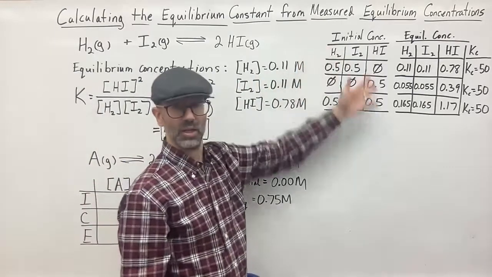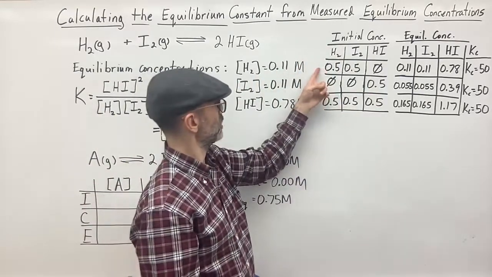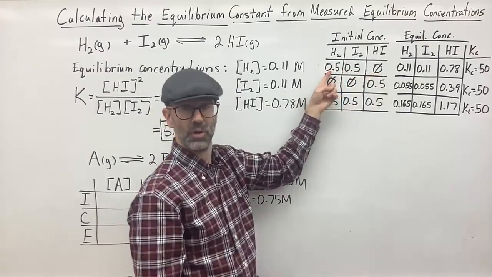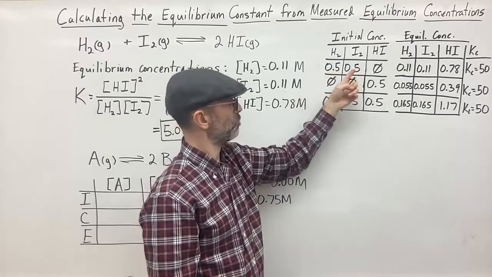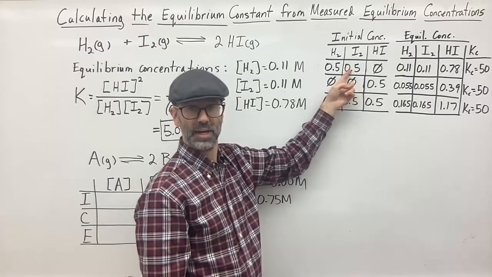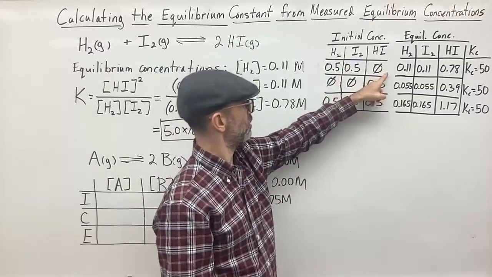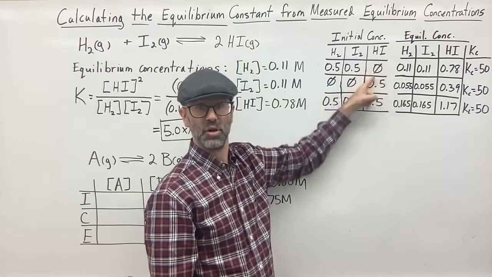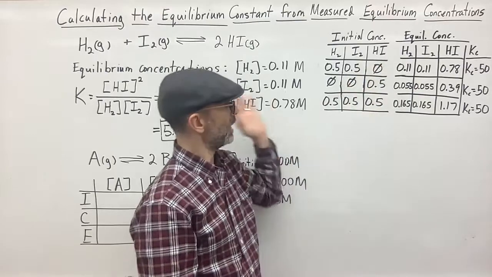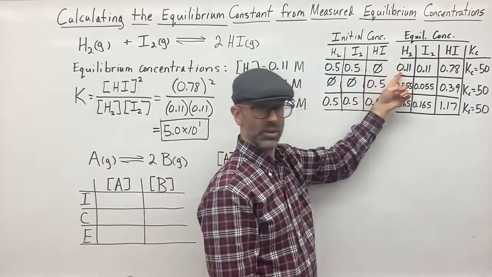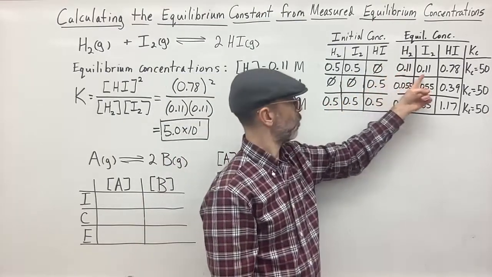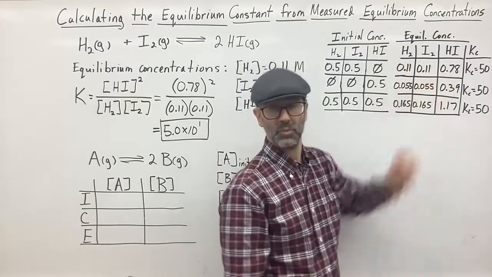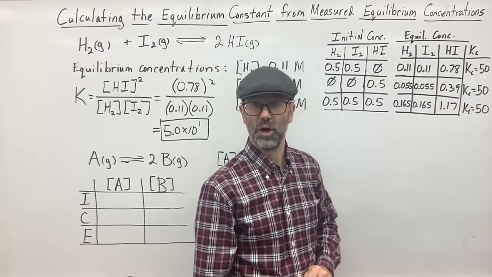Here I have a little table with the concentrations that we start with initially. If I start with 0.5 molar H2 and 0.5 molar I2, and I don't have any HI to begin with, at equilibrium I end up with 0.11 and 0.11 for hydrogen and iodine, and 0.78 for HI.